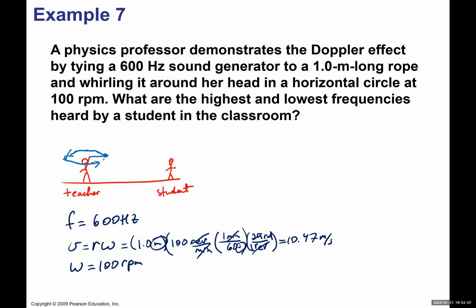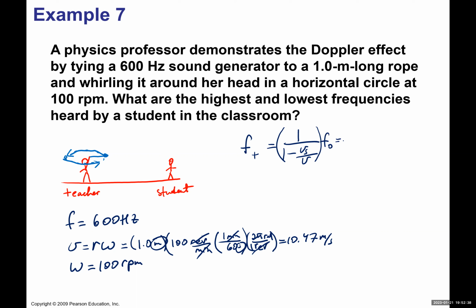All right, so applying the equations for the Doppler effect that we looked at in the previous video. The frequency when it approaches can be calculated as 1 over 1 minus v, the velocity of the source over the velocity of sound in air, times the original frequency.